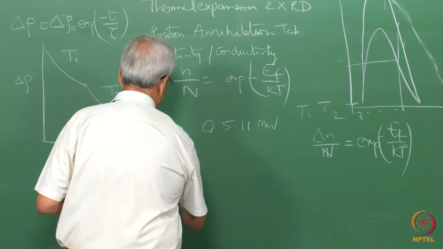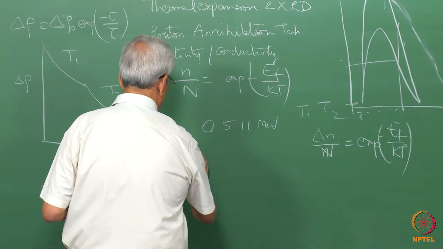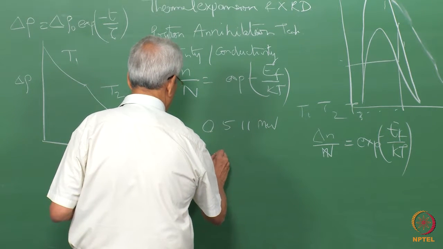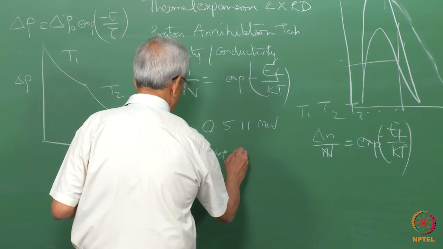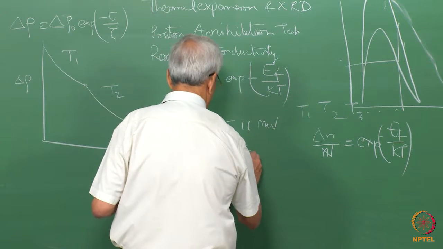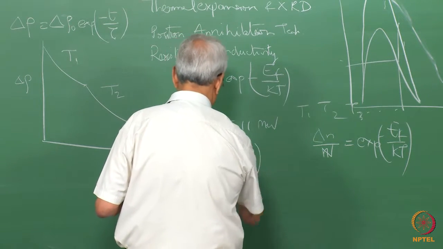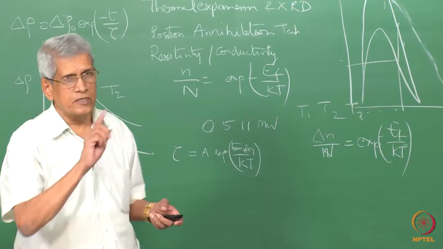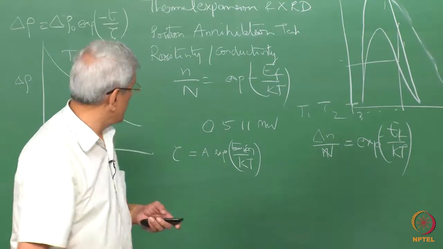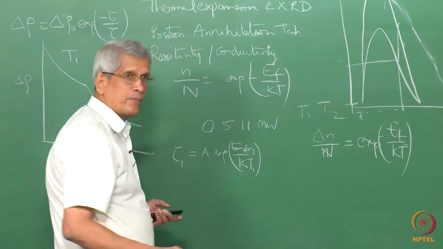Is this clear? This tau is essentially equal to some constant times Em by kT. This is clear. If I do an experiment at T1, this will be tau 1.